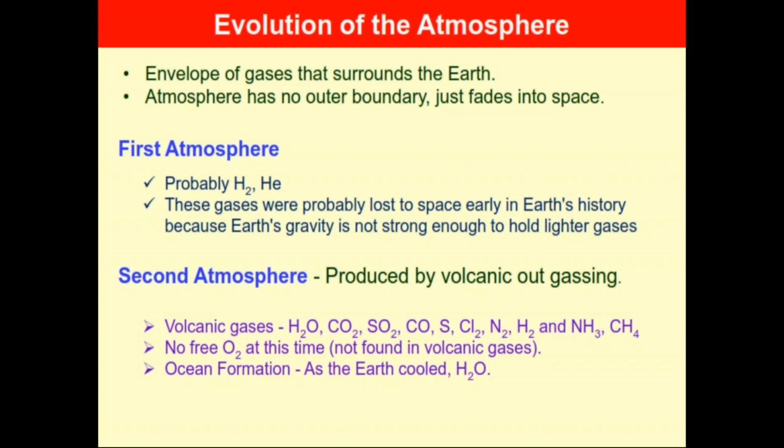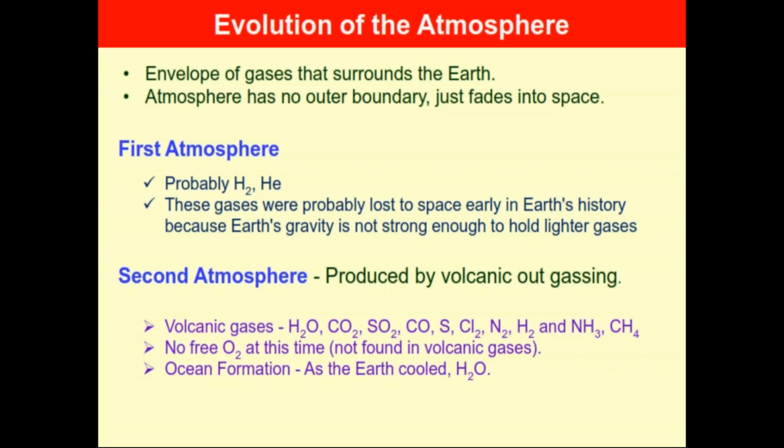These gases, of course hydrogen atom and helium, were probably lost to space early in the Earth's history, due to gravity, because they are very light gases with very low density. And also in the second atmospheric condition, they can be produced.